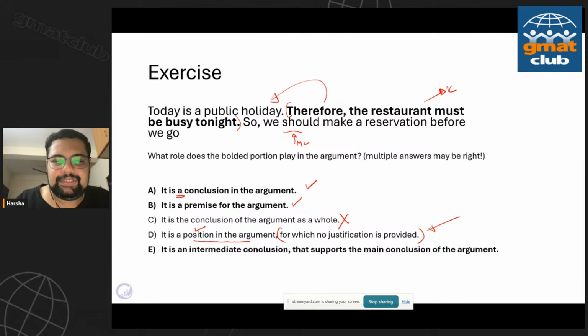So is it right to say that no justification is provided for the bolded portion? No, justification is provided. That's the reason this is wrong. It's not wrong to say it's a position. Okay, E is of course right. I think it's a very standard template. It is an intermediate conclusion that supports the main conclusion. It's all true. I hope this is clear.